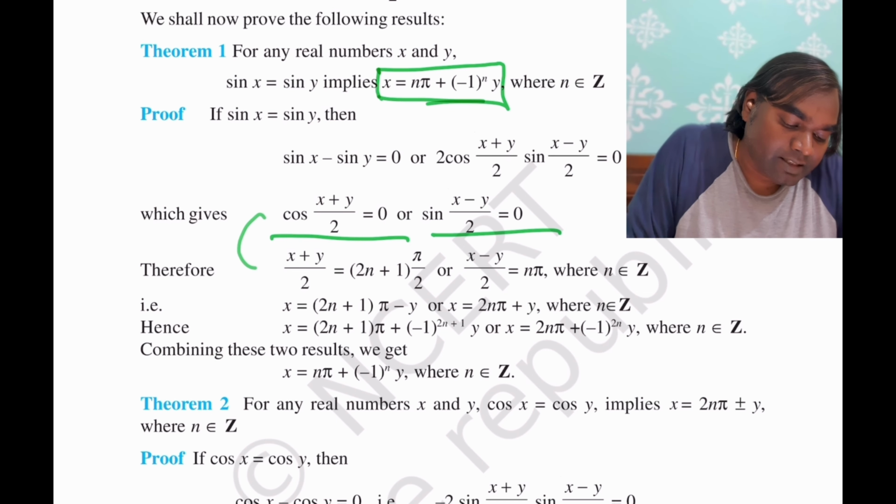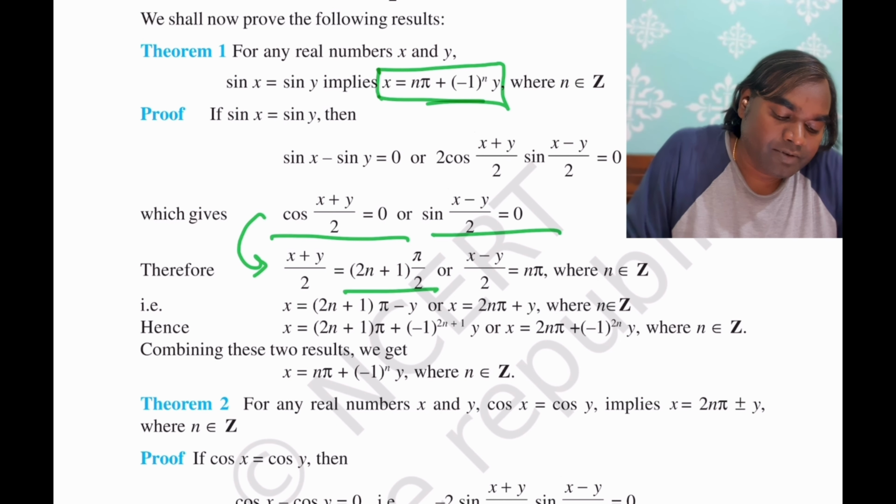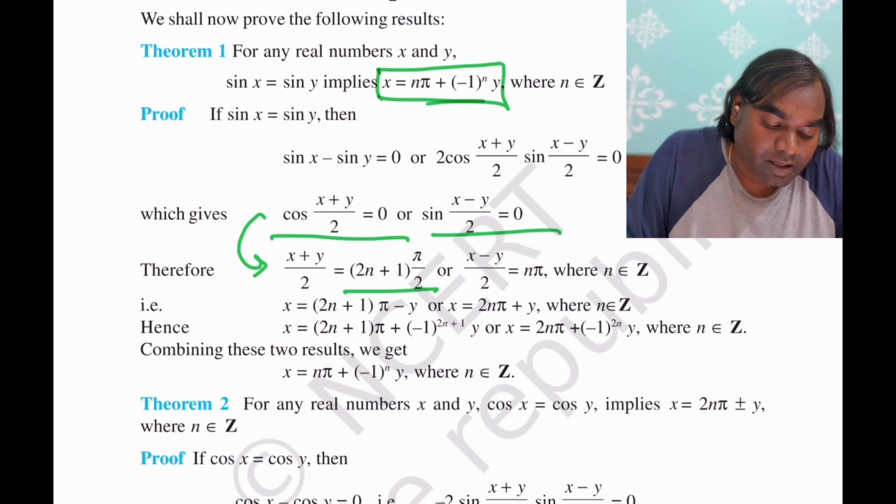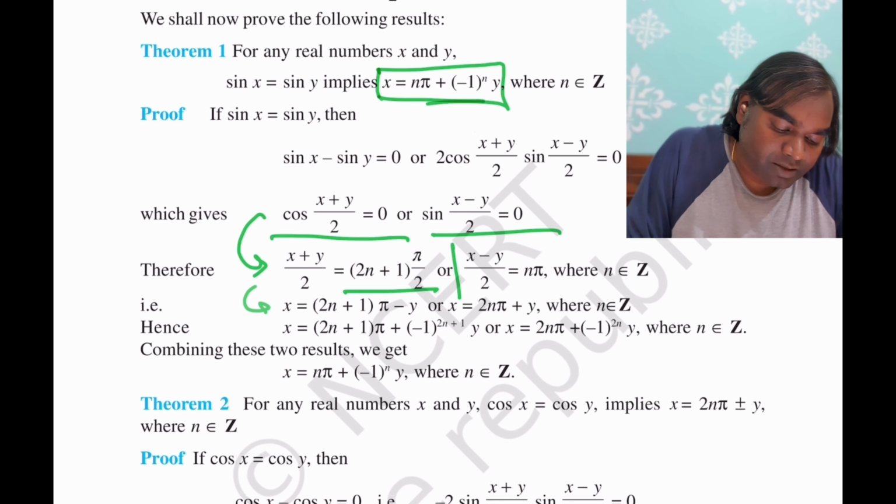This implies that (x plus y) by 2 is equal to an odd multiple of pi by 2, and similarly (x minus y) by 2 is equal to n pi. So this leads to x is equal to (2n plus 1) pi minus y, and x is equal to 2n pi plus y.